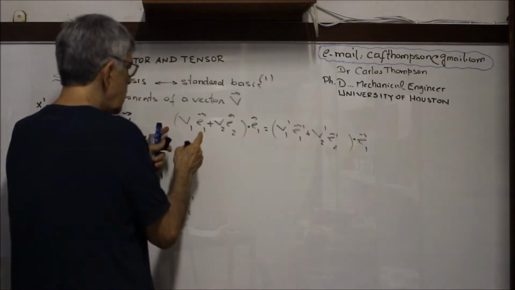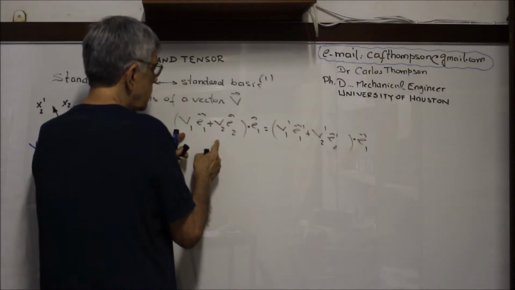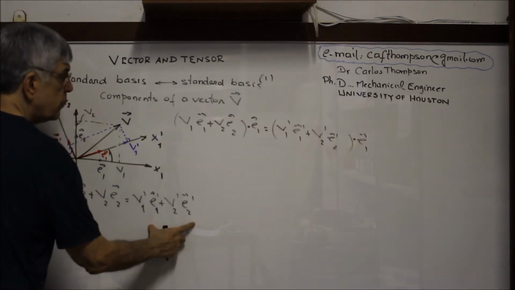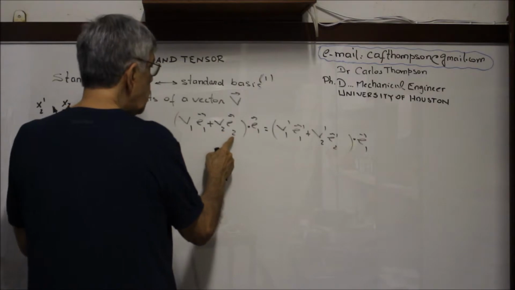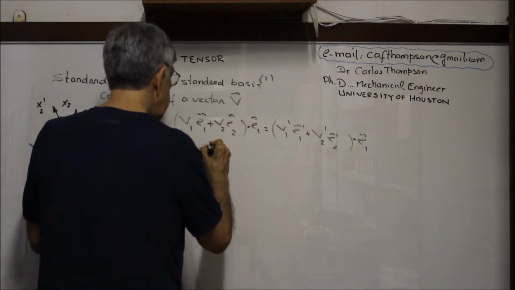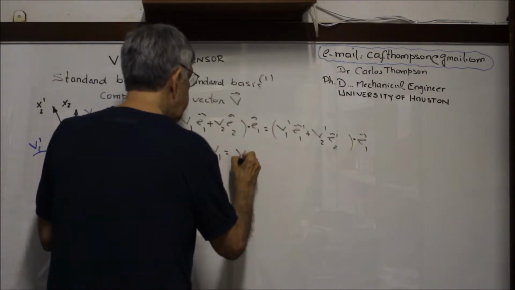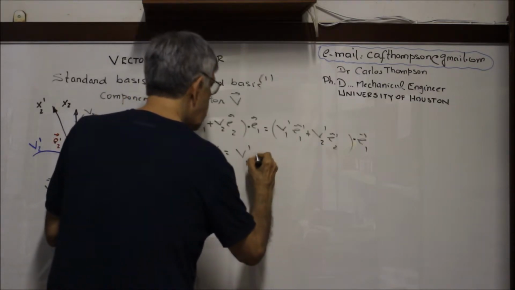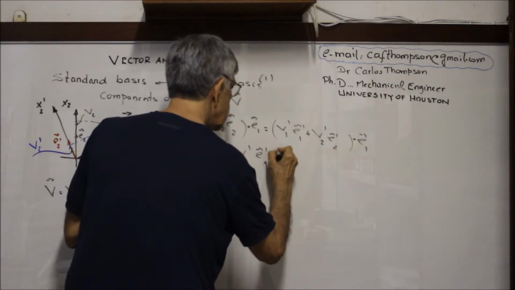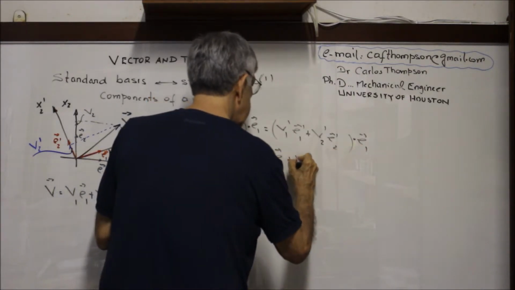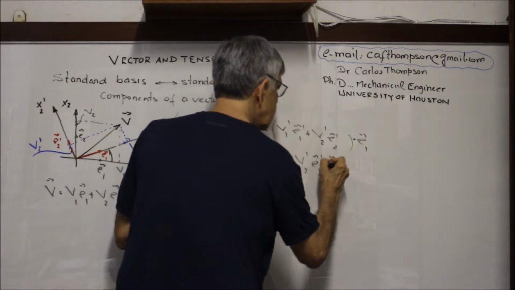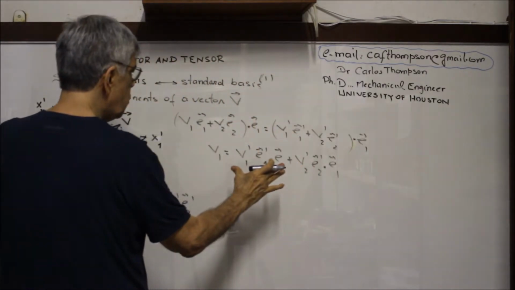See, I did the dot product on the left hand side, same on the right hand side. Now, E1 dot E2 dot E1 is 0, and this will be V1 prime E1 prime dot E1 plus V2 prime E2 prime dot E1. The same as I did before.